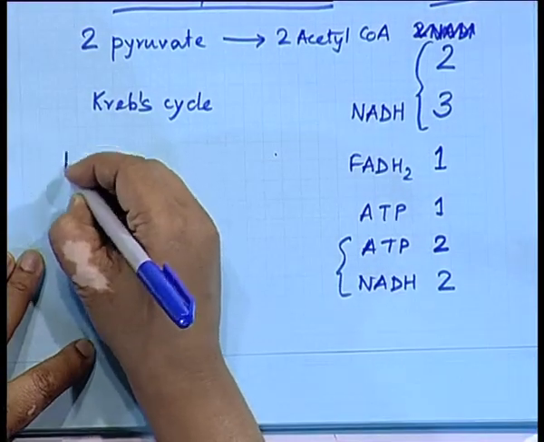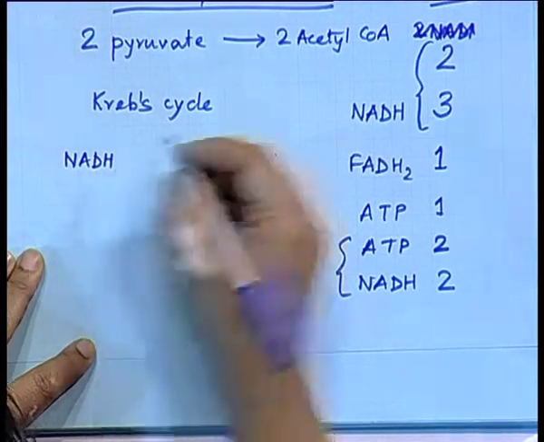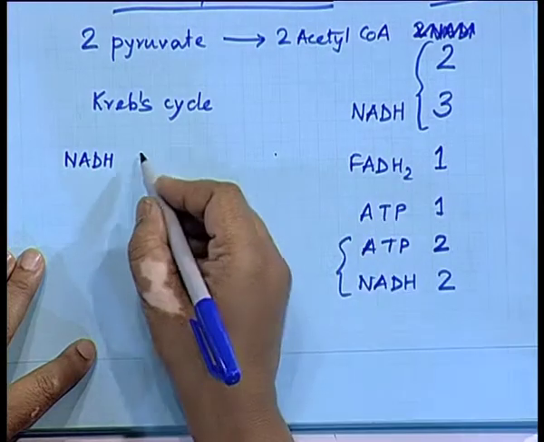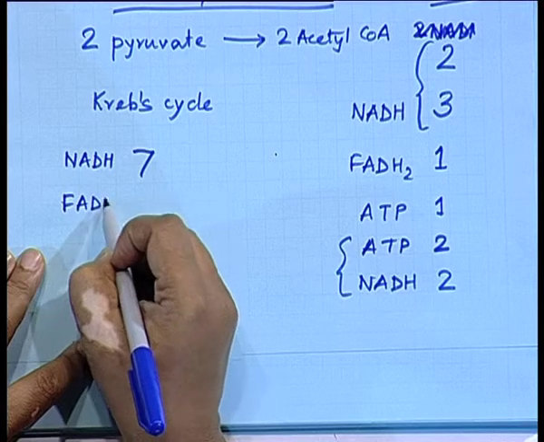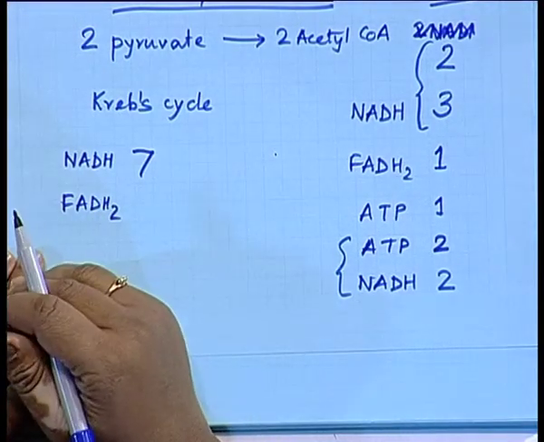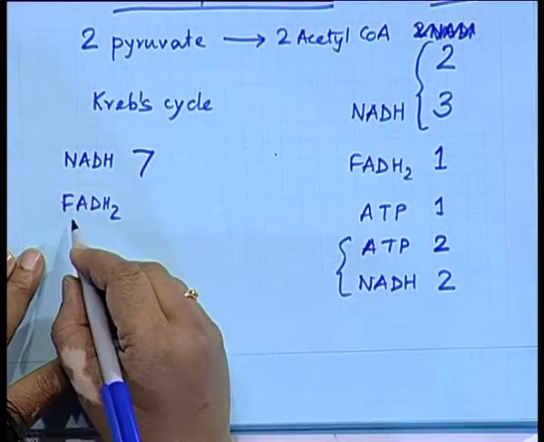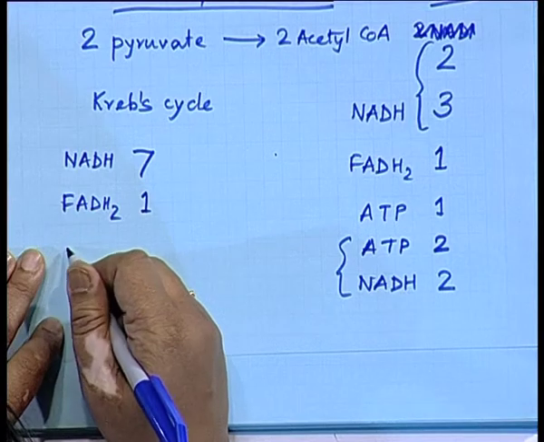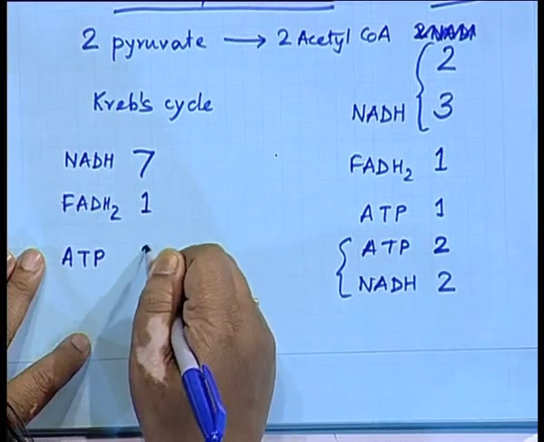So, NADH I have 5, actually I have 5 and 2, 7. FADH2, I have 1. ATP I have 3.